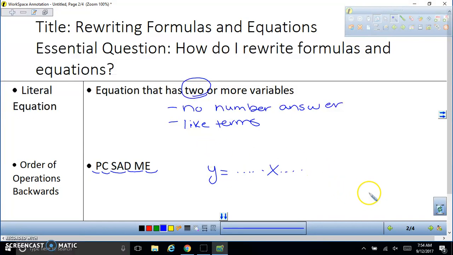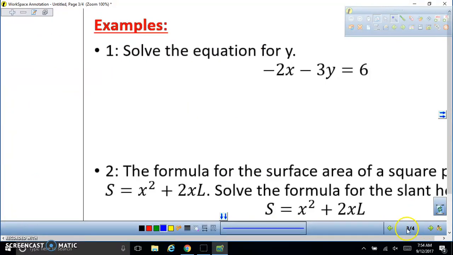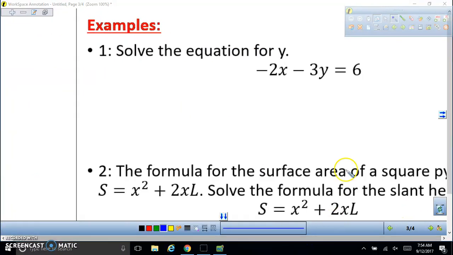Let's go ahead and start with some examples, and take your time, don't stress out. Our first example is: solve the equation for y. So we are going to anchor y. Here's my little anchor. Don't move y. So we're looking at the operations that are next to y.